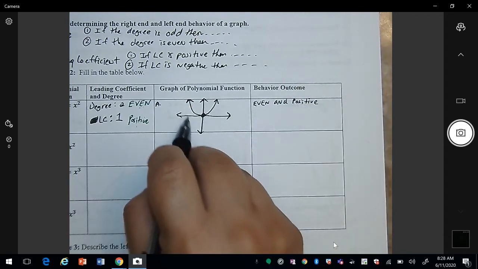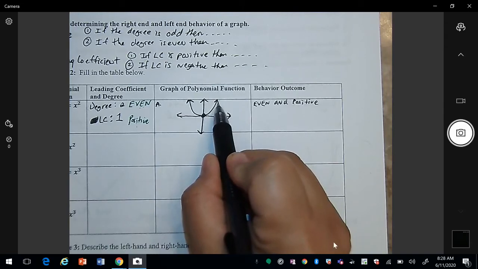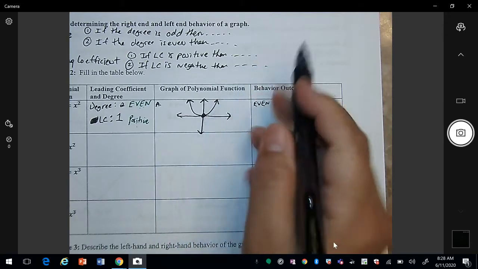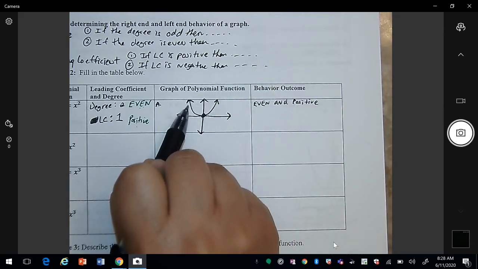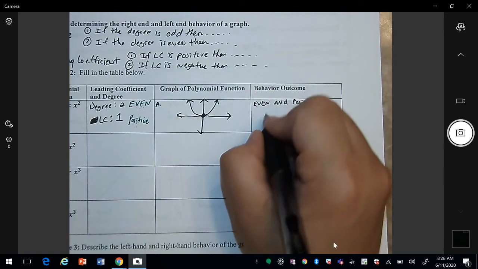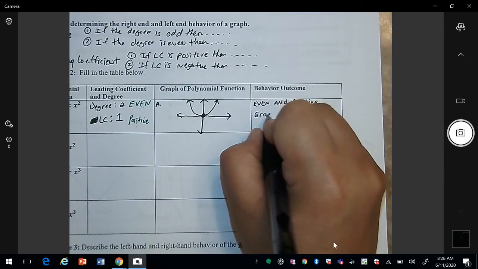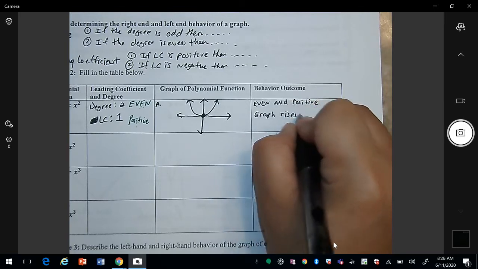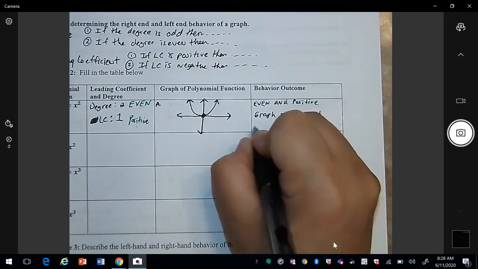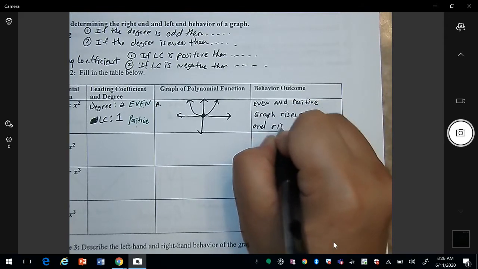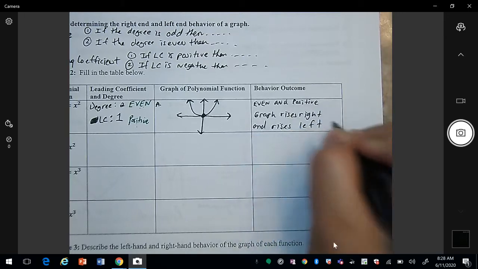If we look at the graph, all the way to the right side, we can see that this graph here is rising. And all the way to the left side, this graph is rising. So we'd say that the graph rises right and rises left.